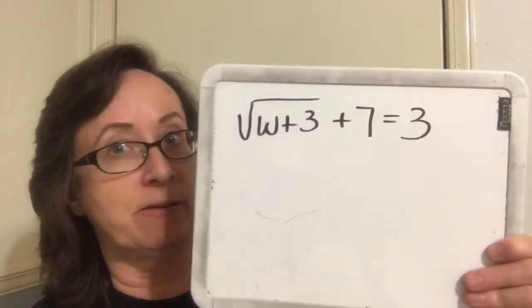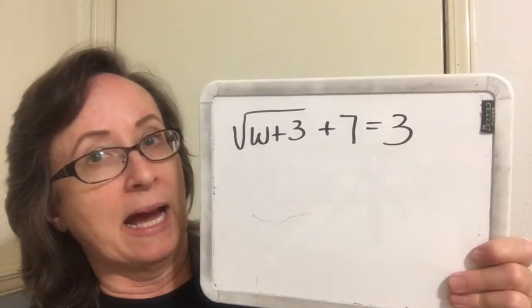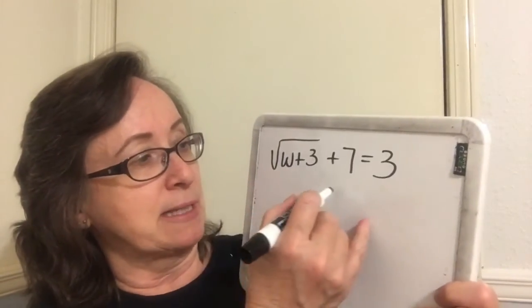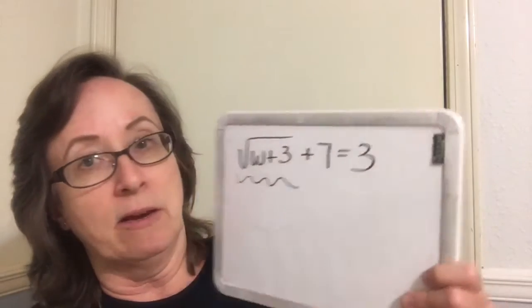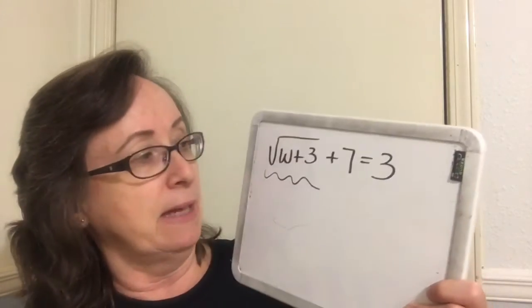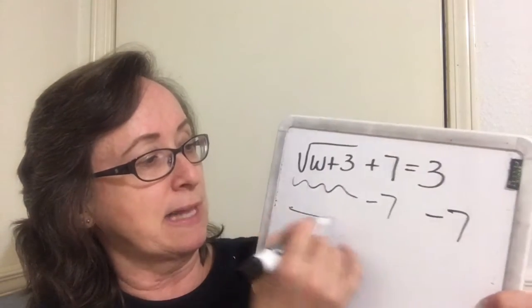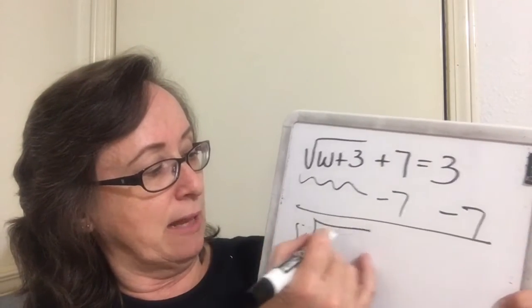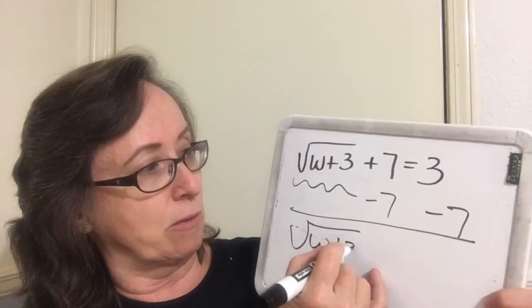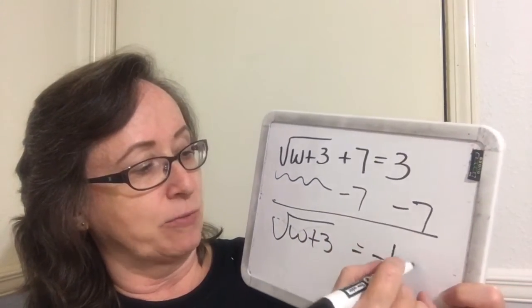So let's do this one. When I do this one, I'm going to subtract. I'm trying to get the radical by itself on one side. That's the first step. So I'm going to subtract the 7 and subtract the 7. And now I'm going to get the square root of w plus 3 equals negative 4.